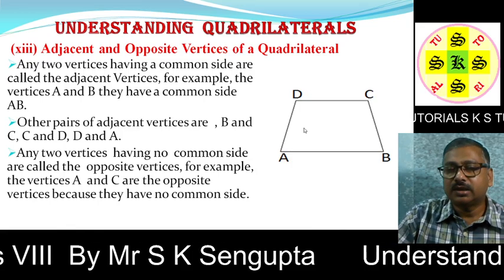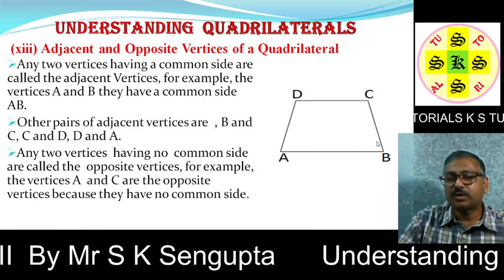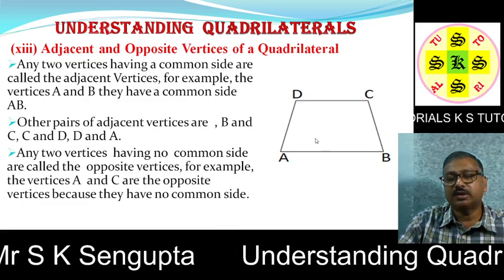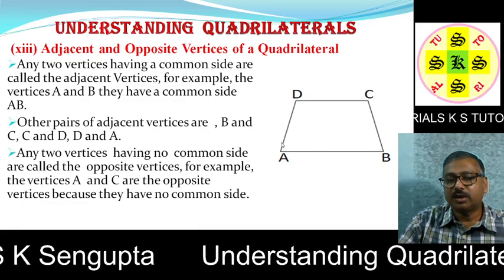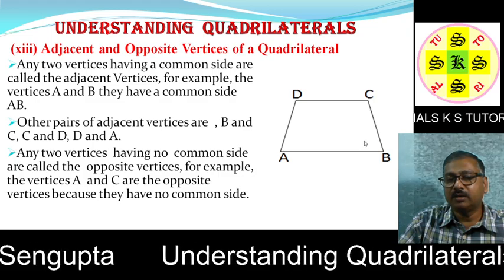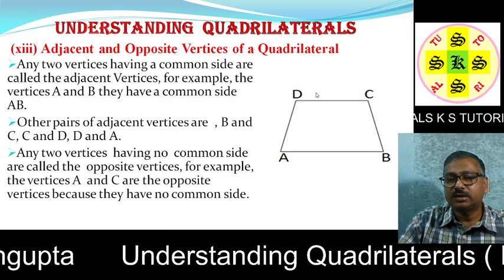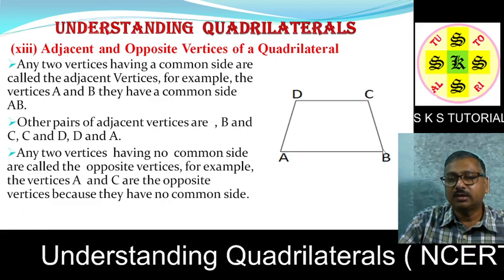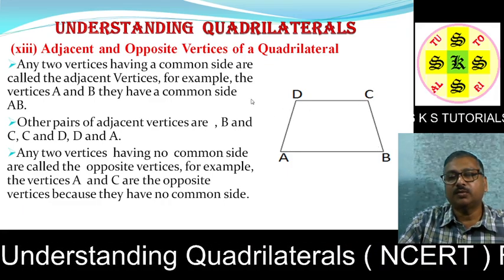So as with sides, there are four pairs of adjacent vertices, A and B, B and C, C and D, D and A, and two pairs of opposite vertices, A and C, and B and D.